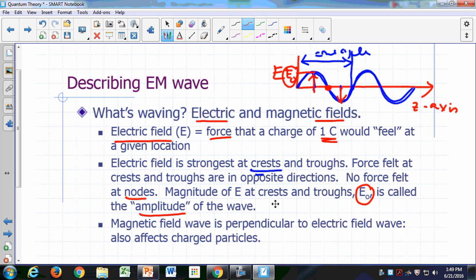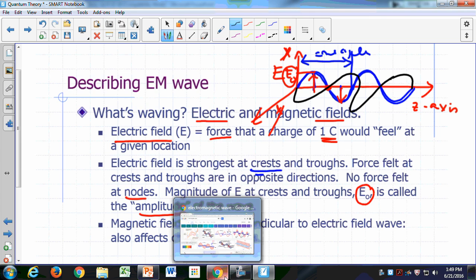So if this electric field is oscillating in, let's say, the YZ plane, then your magnetic field would be oscillating in the XZ plane instead.